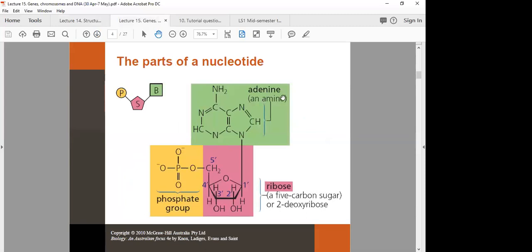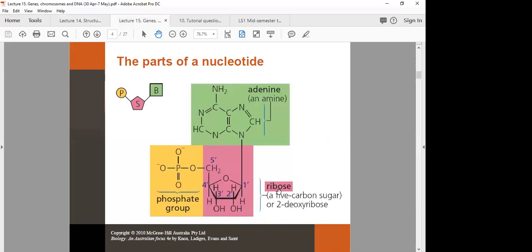Let's look at that again. This particular base shown here is just one type, one of 5 types. This one's called adenine. That is attached to the monosaccharide, the sugar, which is shown here. This particular sugar is ribose. So a nucleotide that contains a ribose sugar would be found in RNA or DNA?